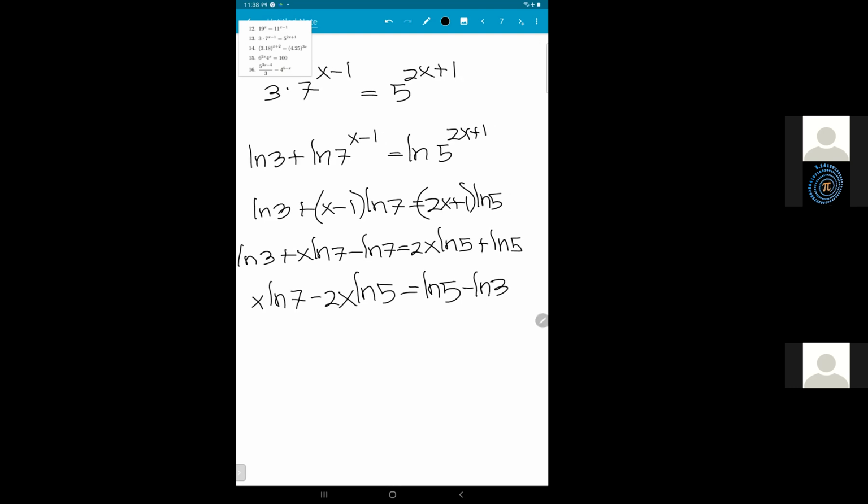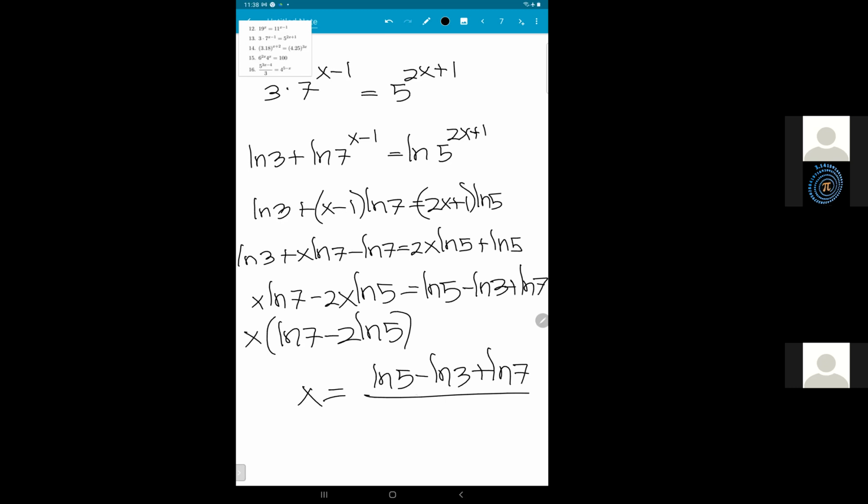Okay, so ln5 minus ln3, then the negative ln7 becomes a plus. Then you can factor out the x. Then equals this, you can bring it down, you get ln5 minus ln3 plus ln7 over ln7 minus 25.